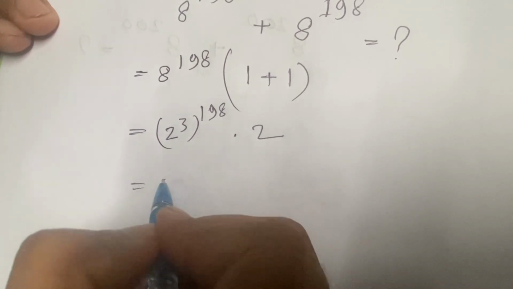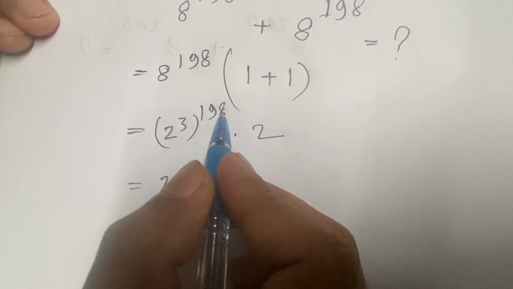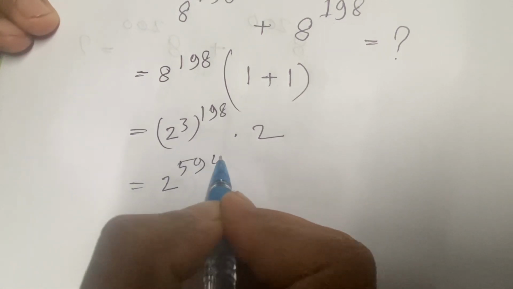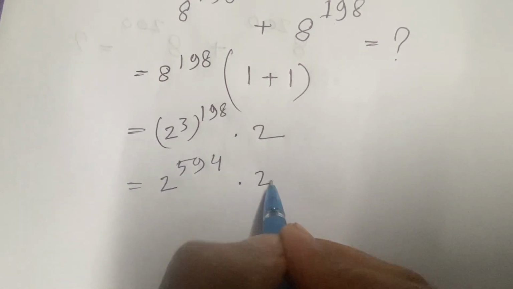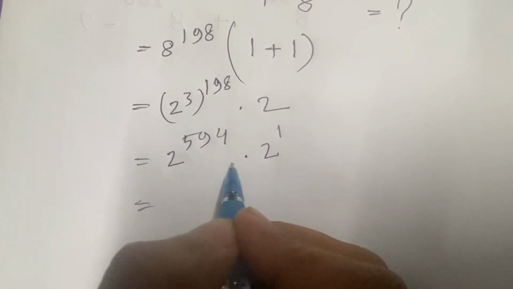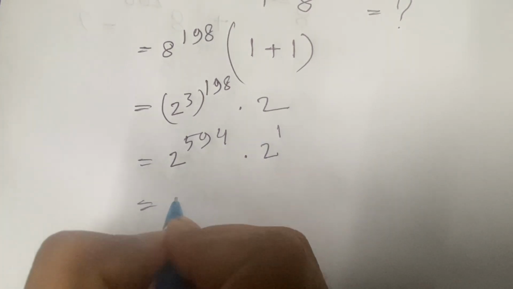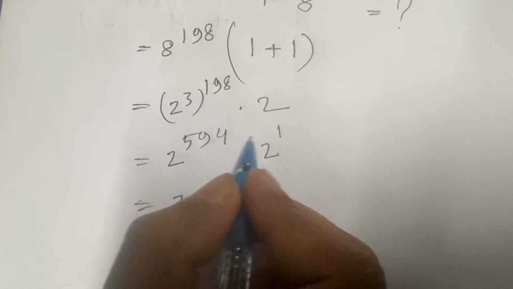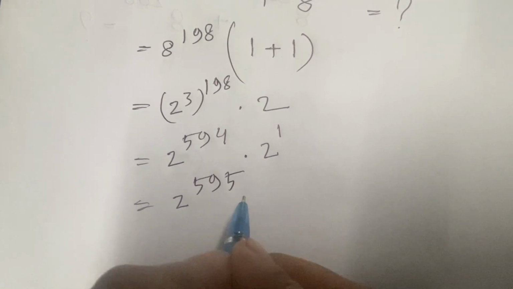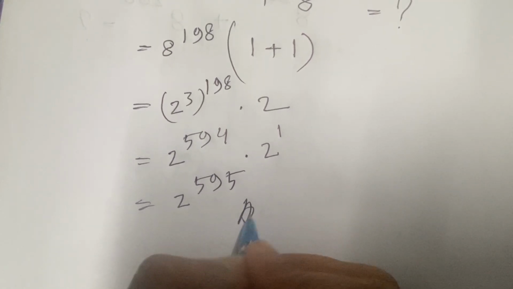Now 2 to the power 3 times 198, that means 594, times 2 is the same as 2 to the power 1. Now we see the same base but different power, so we can write 2 to the power 594 plus 1, that means 595. So 2 to the power 595 is the correct answer.